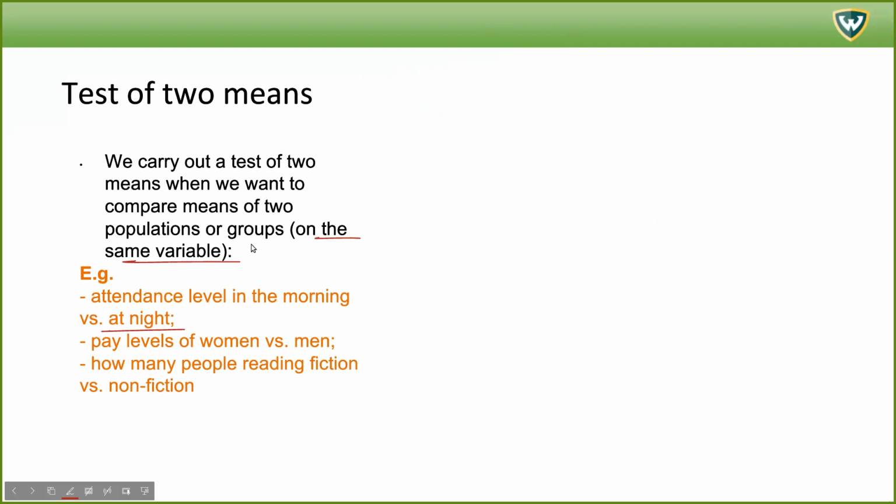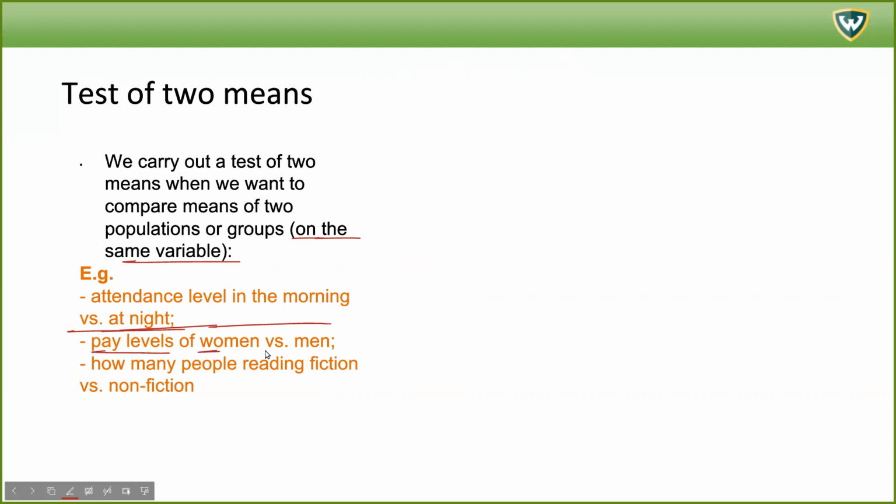What I'm saying about the same variable is an obvious point, but we cannot compare the attendance level in the morning versus how many people play video games at night. It's just not the same thing. So they have to be on the same variable. That's the only way it makes sense logically. But note that the people that attend in the morning may not be the same people that attend at night. So that's why this is unpaired and not the paired comparison.